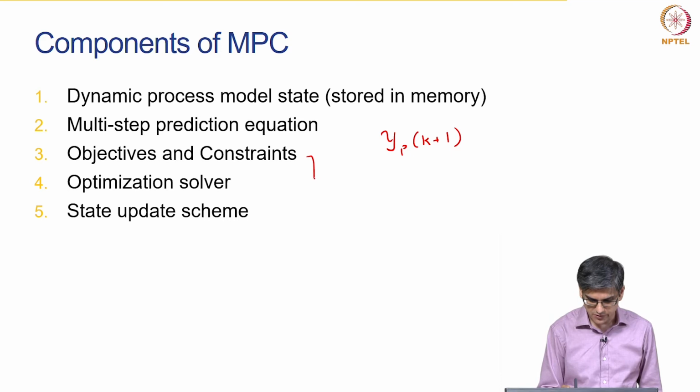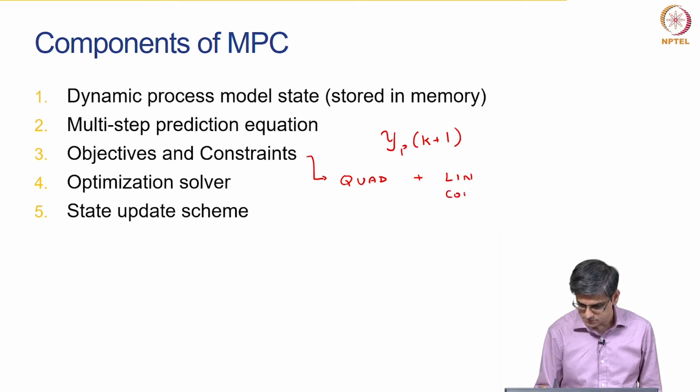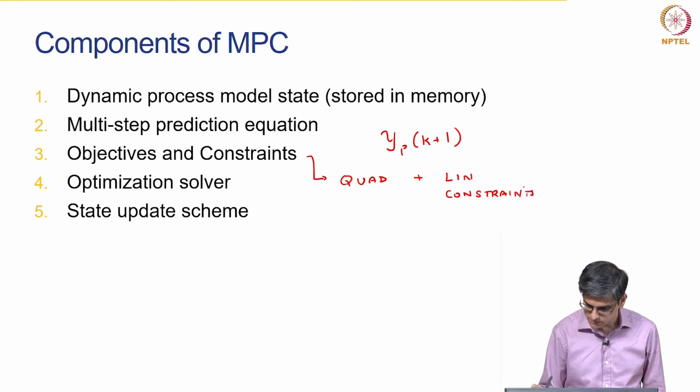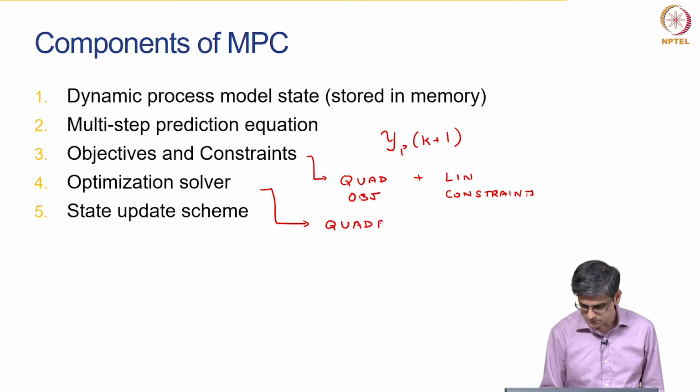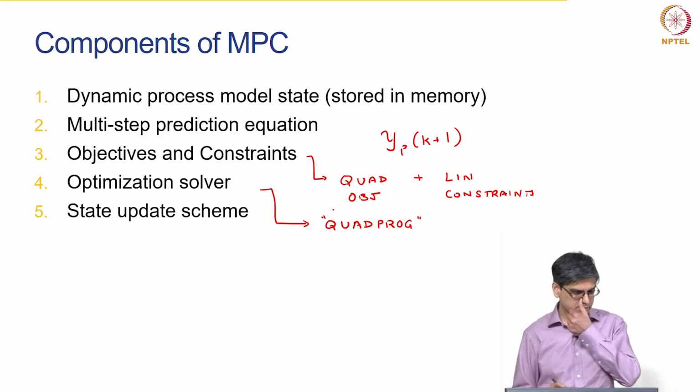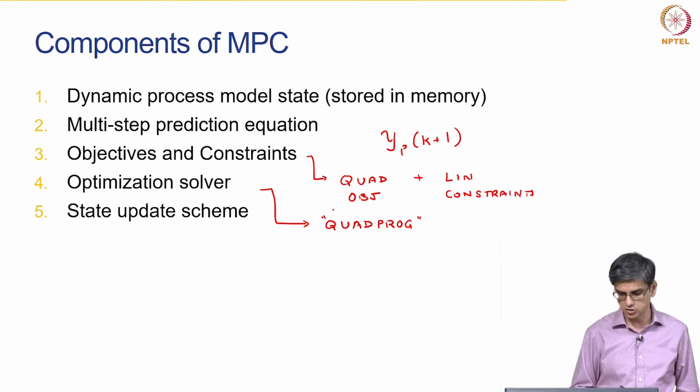The objectives we talked about was quadratic objectives plus linear constraints. Okay. The optimization solver that we are going to use is QP. In MATLAB it is QuadProg, and we talked about the requirements with respect to the optimization solver.